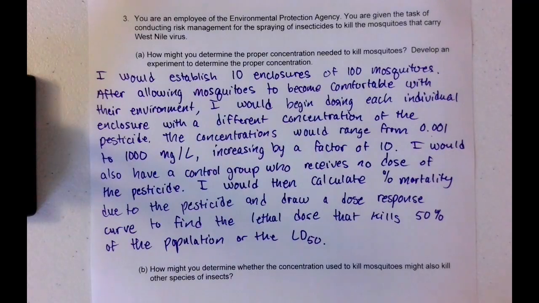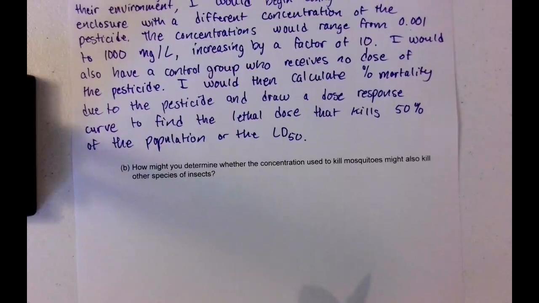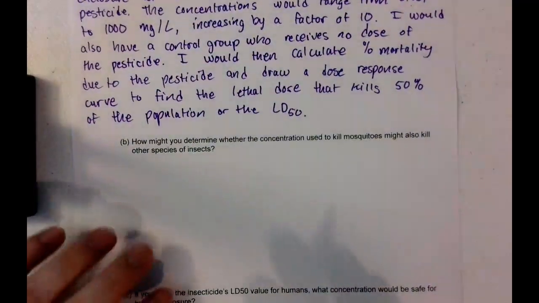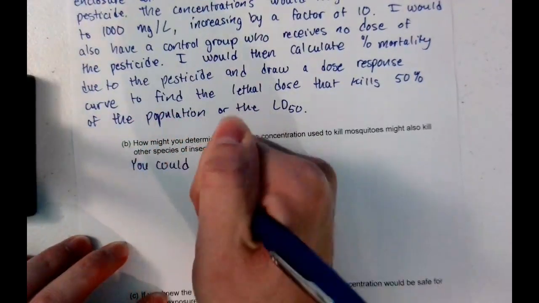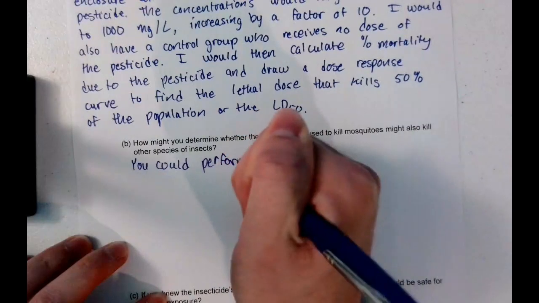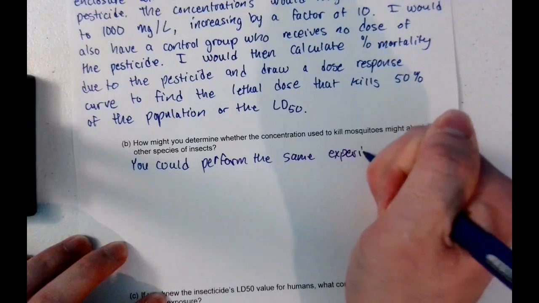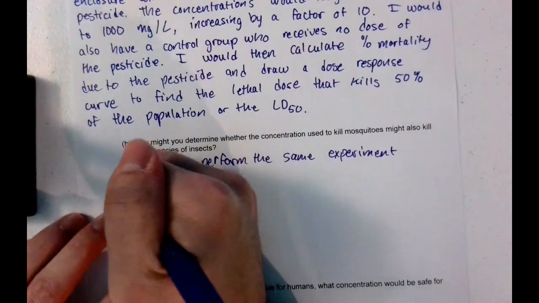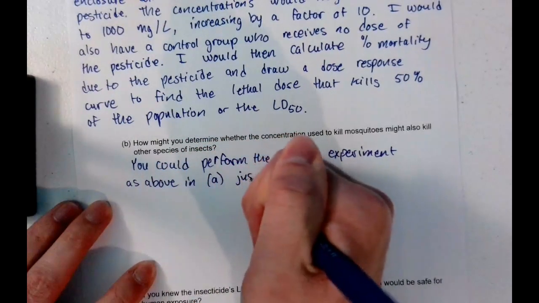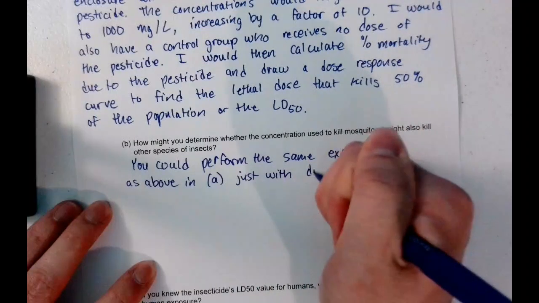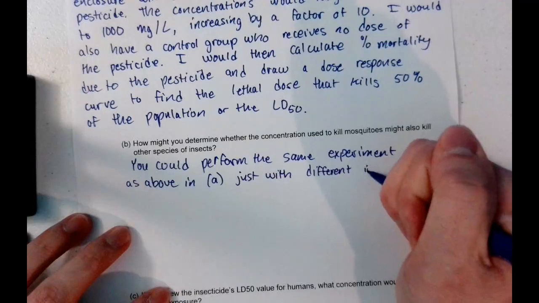All right, so letter B, it says, how might you determine whether the concentration used to kill mosquitoes might also kill other species of insects? And this one's actually pretty easy. You could perform the same experiment as above in A, just with different insects.